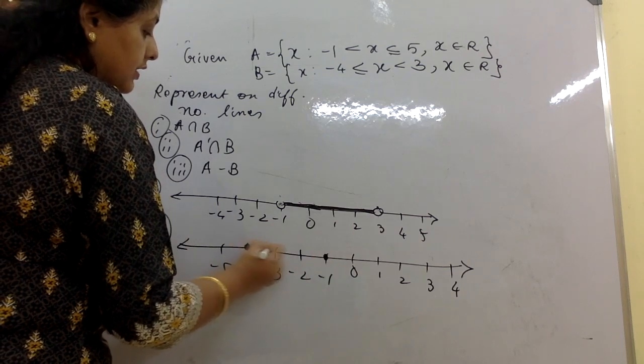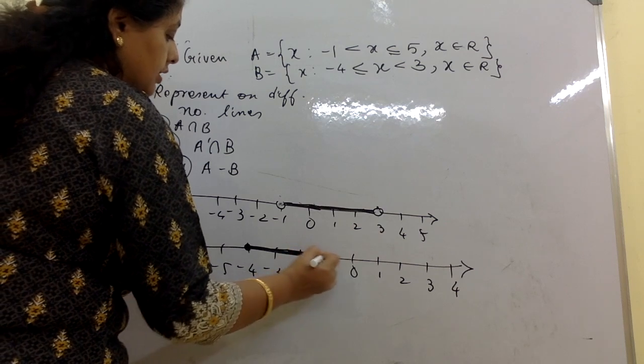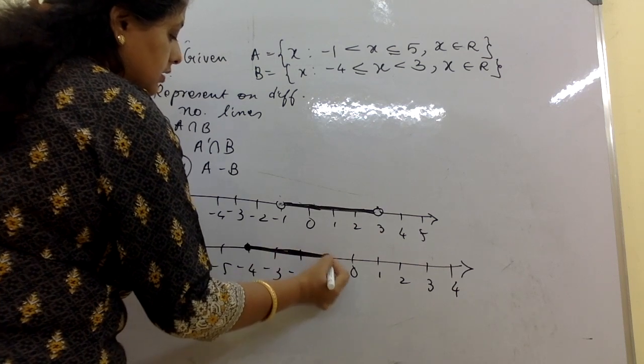Okay, A is everything greater than -1. So this is the portion. Okay, so note the darkened circles over here.